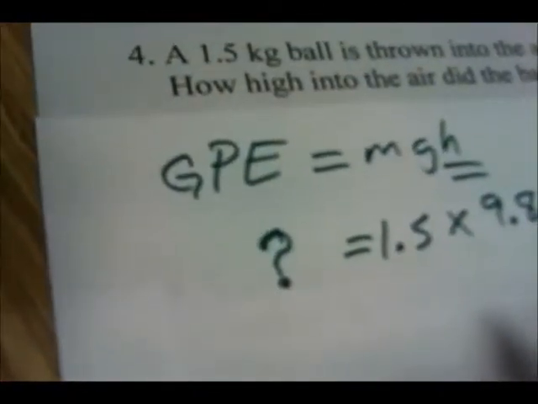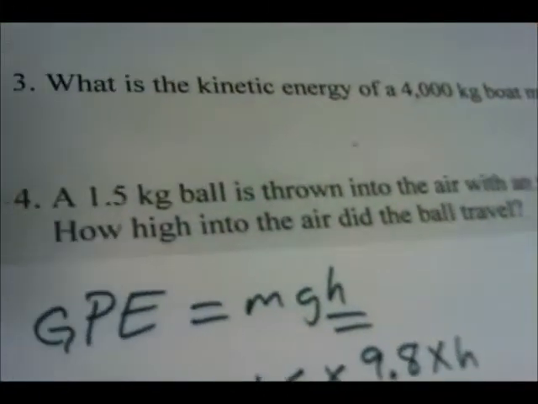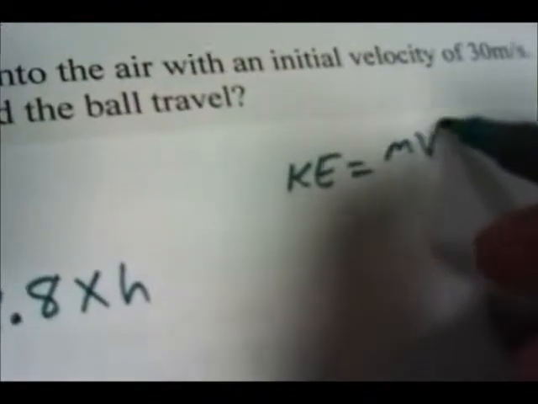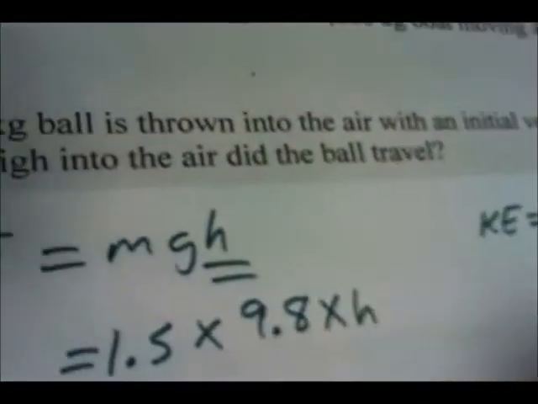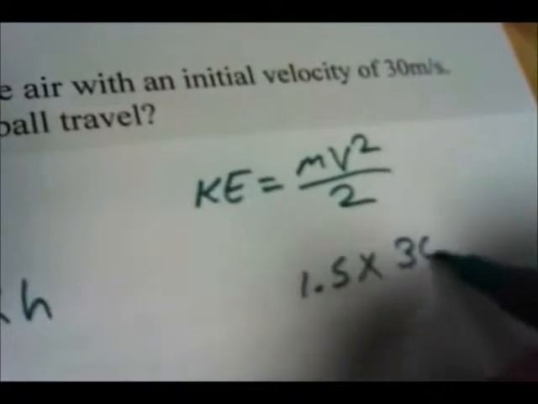the kinetic energy. We don't have the kinetic energy, but we have a way to get the kinetic energy. Kinetic energy is mass times velocity squared divided by 2. We need the mass, which is 1.5. We need the velocity, which is 30.